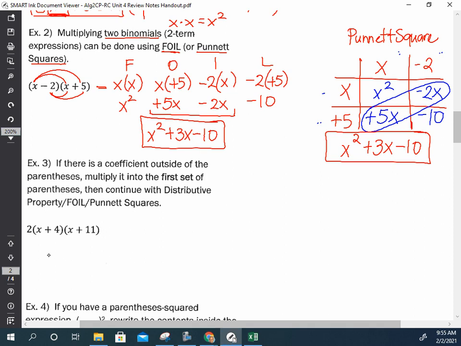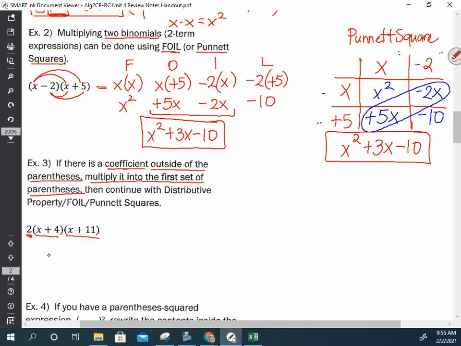All right, example 3. So example 3, we added a different wrinkle to it. What happens if there's a coefficient outside the parentheses? If you've got a coefficient outside the parentheses, multiply it into the first set of parentheses, and then you continue using the distributive property, FOIL, Punnett squares, etc. So notice you have a 2 times x plus 4 times x plus 11.